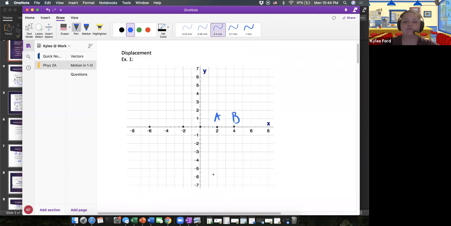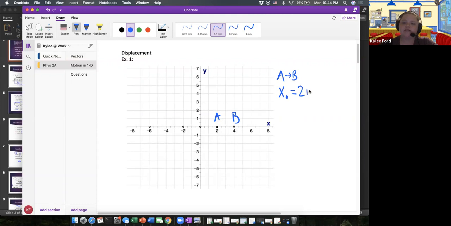If I have 2 points on a graph, A and B, representing a car that moved from A to B, and I want to know my displacement. My car at A, my initial position, was 2.